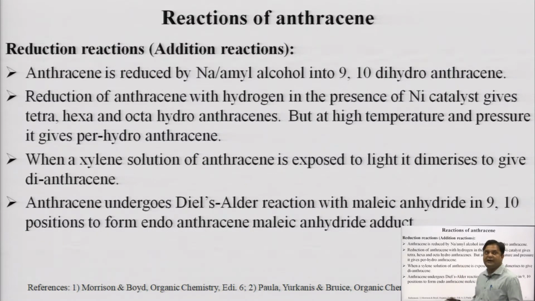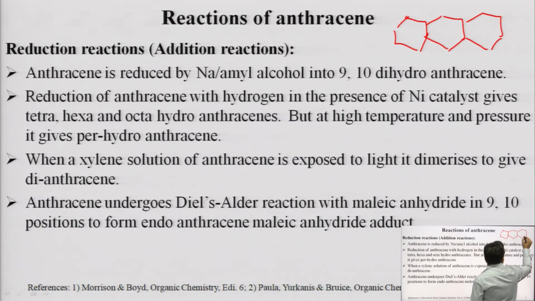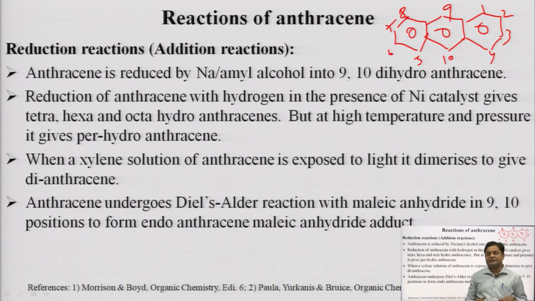As you can see, in the first point we have written that anthracene is reduced by sodium and amyl alcohol into 9,10 dihydroanthracene. When we go for the numbering of the anthracene ring, it is 1, 2, 3, 4, 5, 6, 7, 8, 9 and 10. We have already discussed this in the previous lecture.